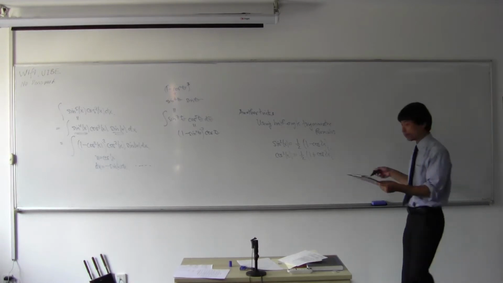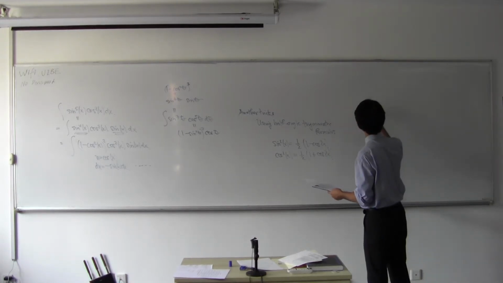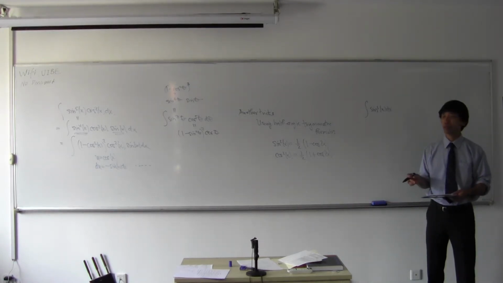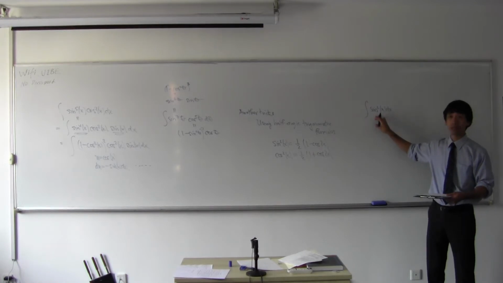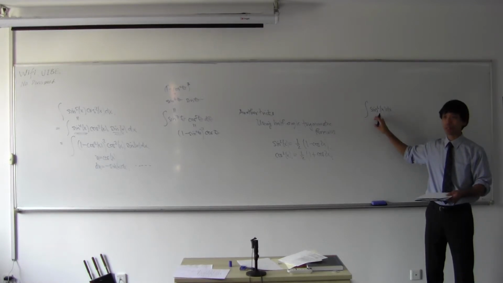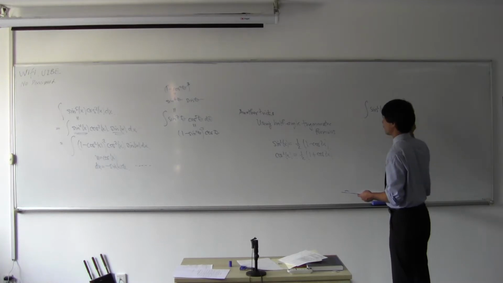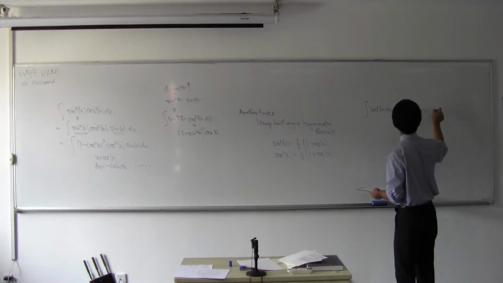So for example, if you see something like the integral of sine squared, somebody says, what's the integral of sine squared? Well, that's kind of hard to do. If you switch it over to cosine, you have 1 minus cosine squared, which doesn't really help you. But you can use this half-angle formula and say this is just 1/2 of 1 minus cosine 2x dx.